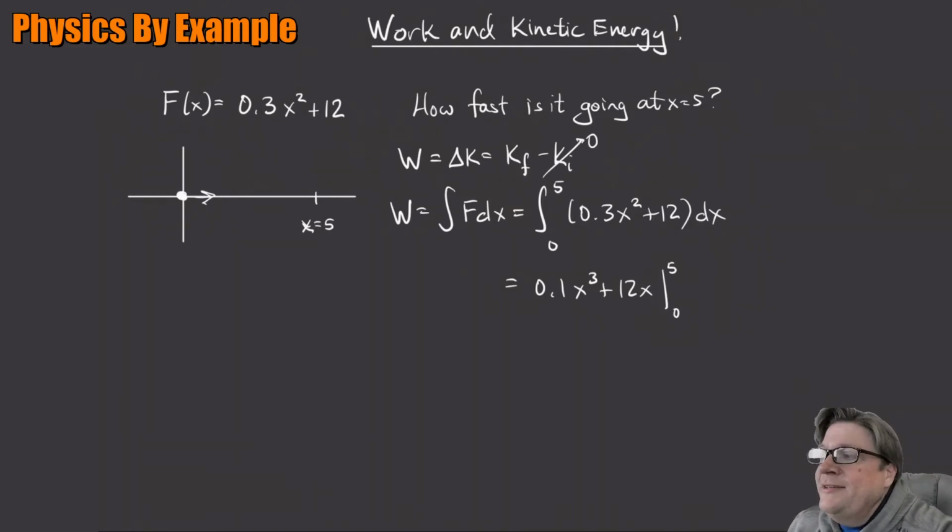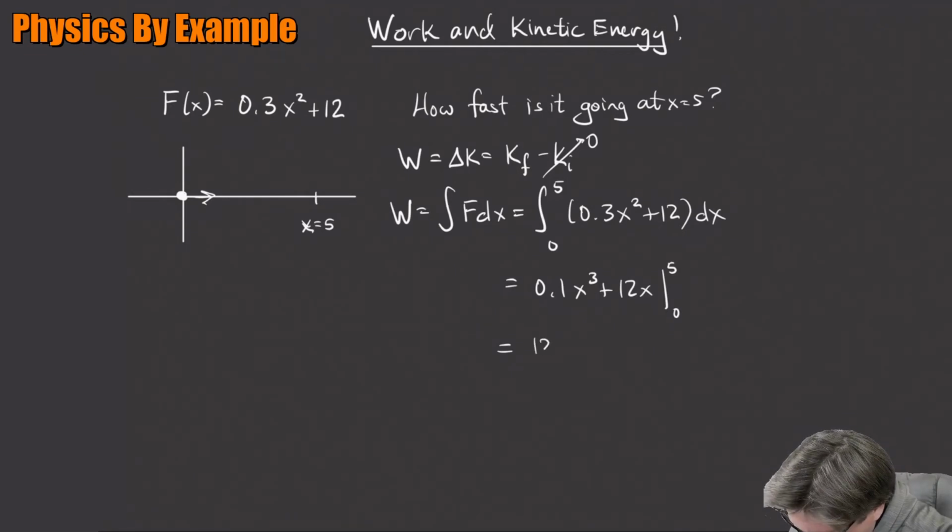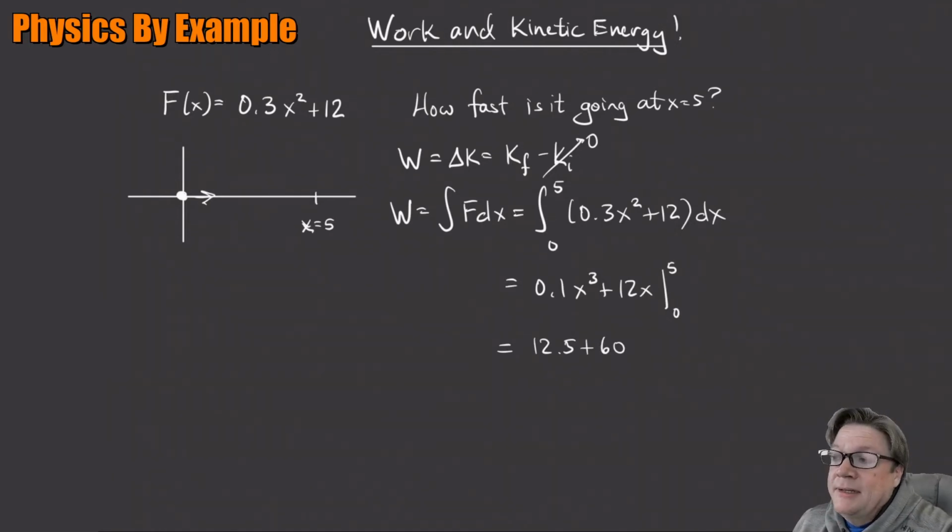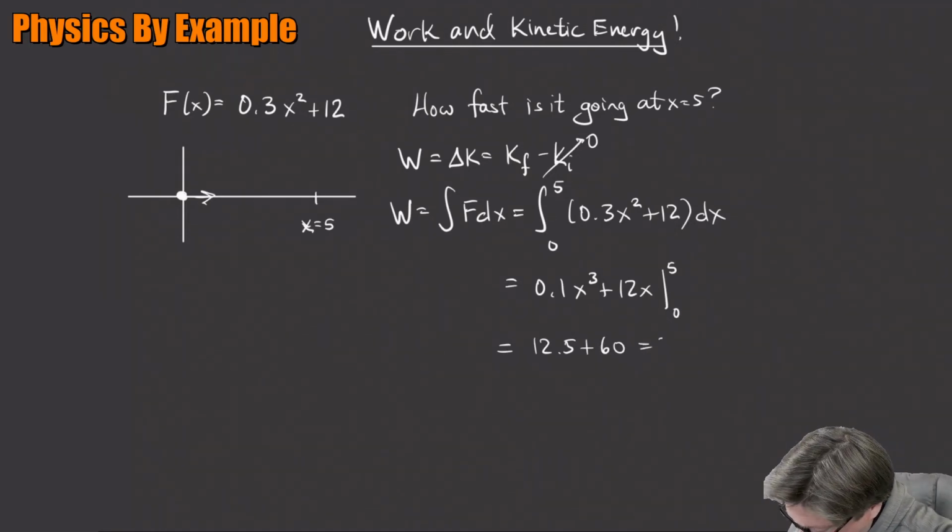Polynomials are pretty easy. And if I do that, what I get is 5 cubed, what's that? 125. So that looks like 12.5 plus 12 times 5, which is 60. And the 0 doesn't really get me anything. So this is going to be 72.5 joules. Okay, neat.